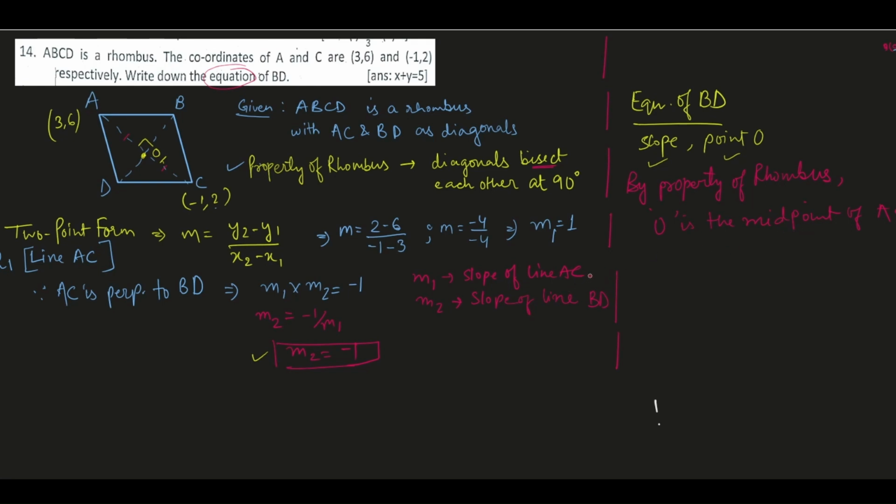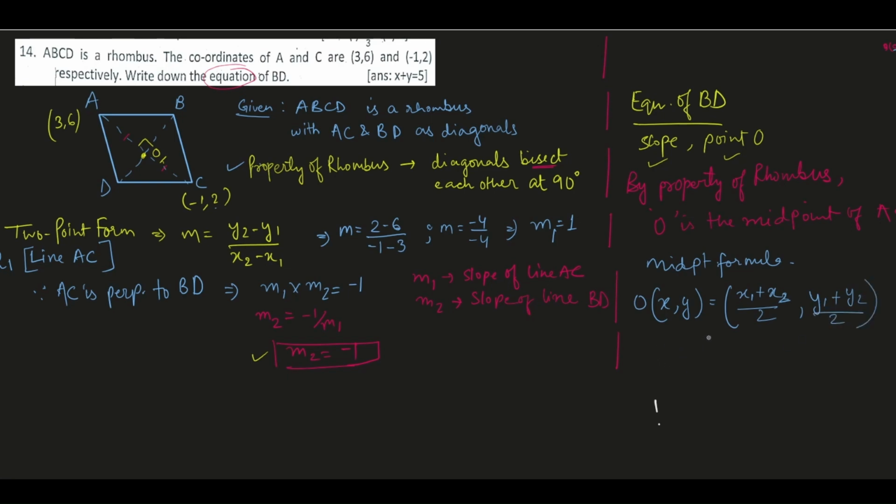But since we don't have B and D, so it's no use to write that line here. So I can directly write the midpoint formula. So by midpoint formula, the O coordinate, writing x and y, will be x1 plus x2 divided by 2, and y1 plus y2 divided by 2.